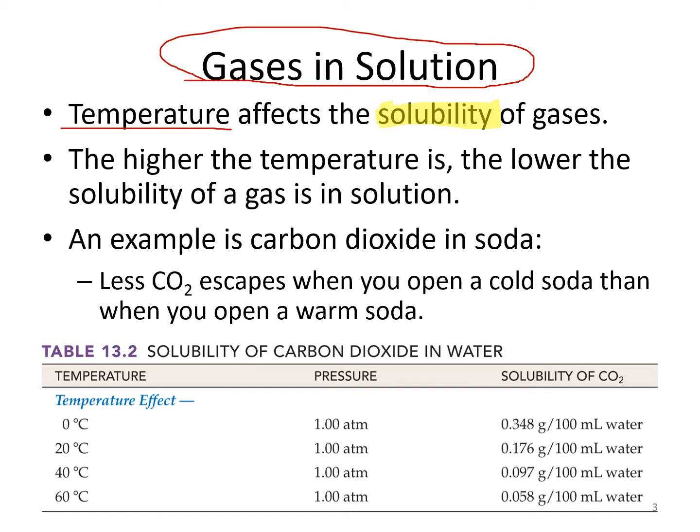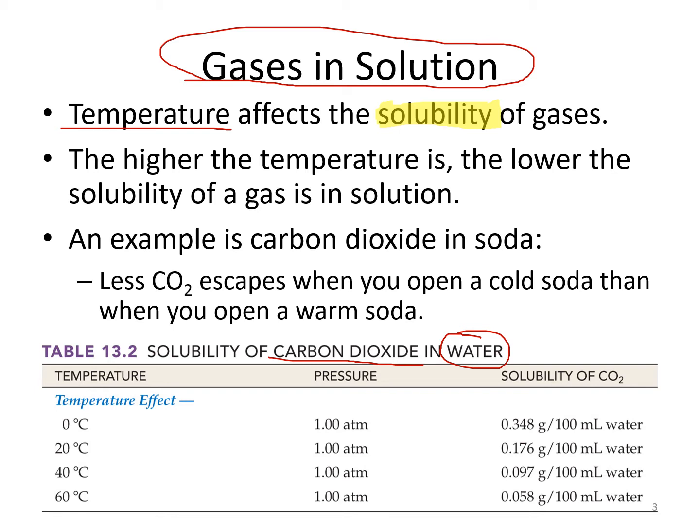So let's talk about a typical example of what you can expect to see as a gas dissolved in a liquid. An example that we're all familiar with would be something like a carbonated beverage, like seltzer water or soda or beer or what have you, anything of that nature. So in that case, the solvent is water, and the solute would be the carbon dioxide gas.